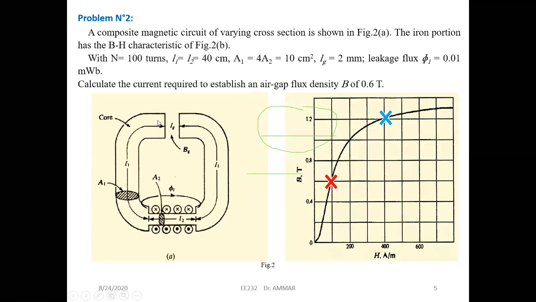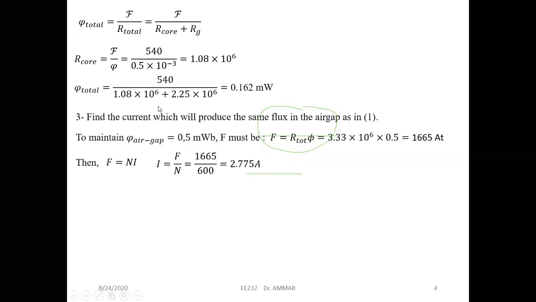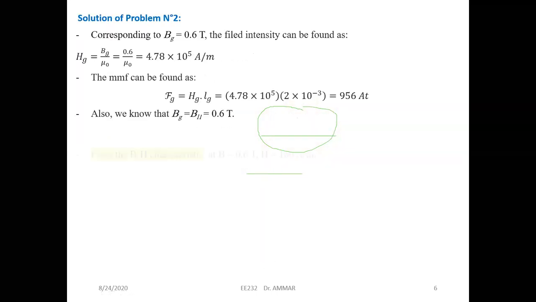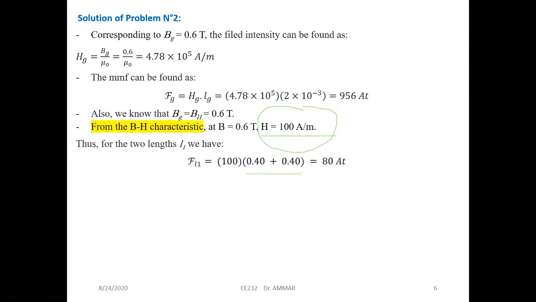Let's go back to the shape here. L1 equals L2, of course, and equals 40 centimeters. So we have two pieces, this one and this one, on the right and the left side. So the MMF equals 100 times 2 times 0.4, which equals 80 ampere-turns.